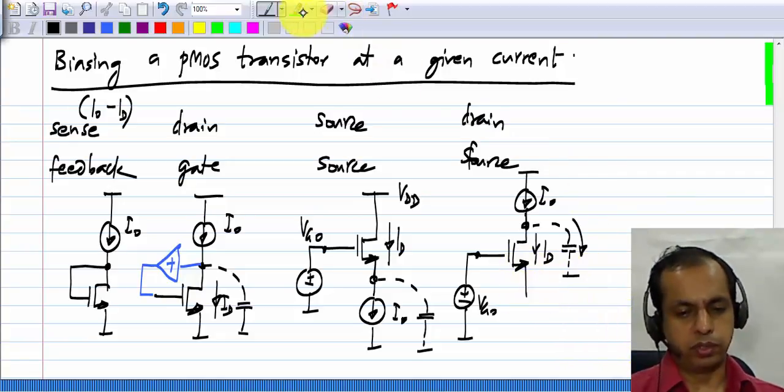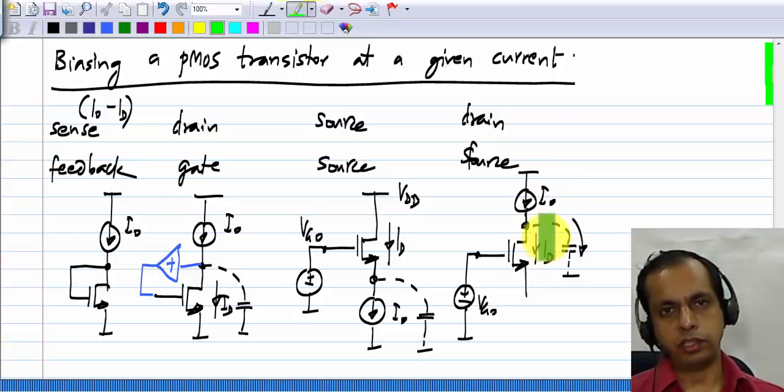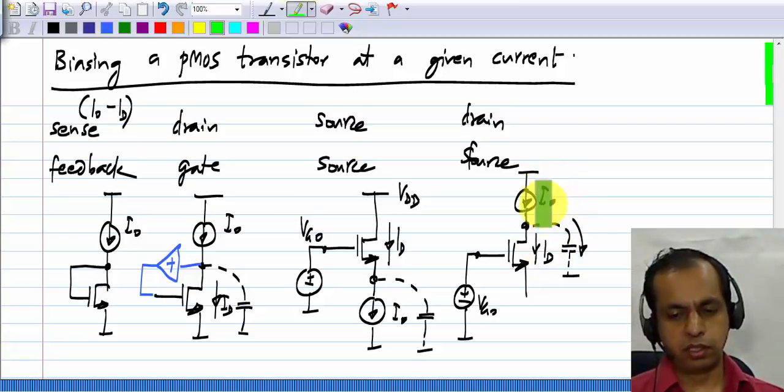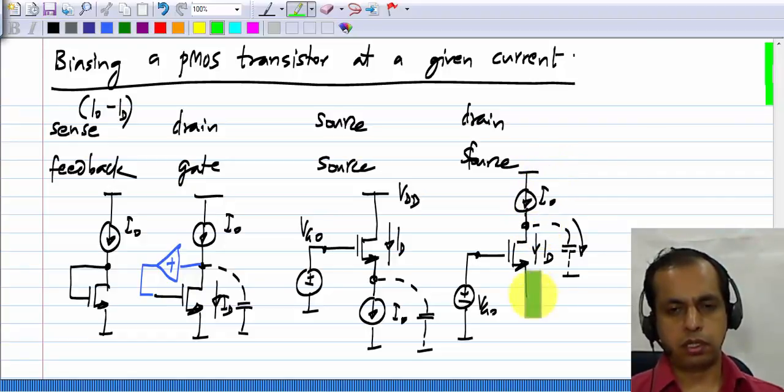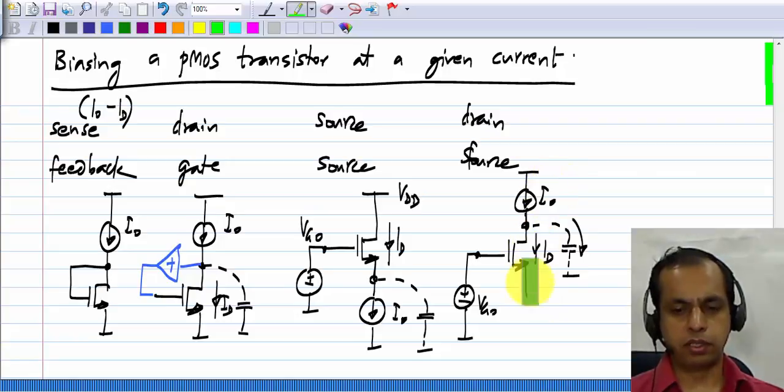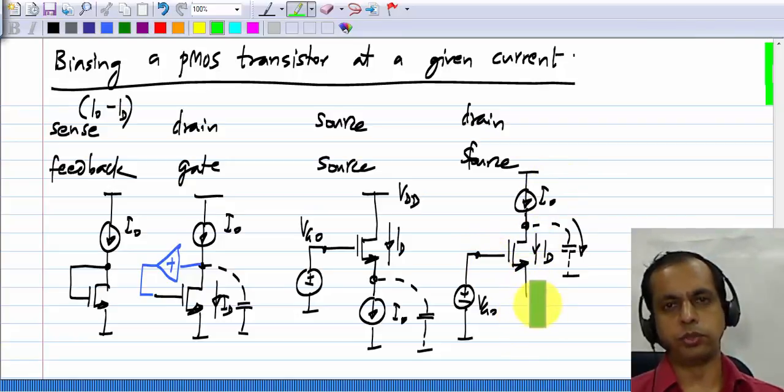And here we know that if ID is smaller than I0, then a current will go this way and the drain voltage will increase. On the other hand, if ID is smaller than I0, the source voltage must decrease so that the gate source voltage increases and the current becomes closer to I0.